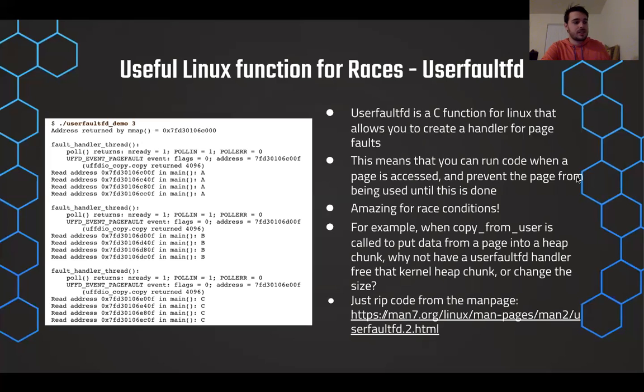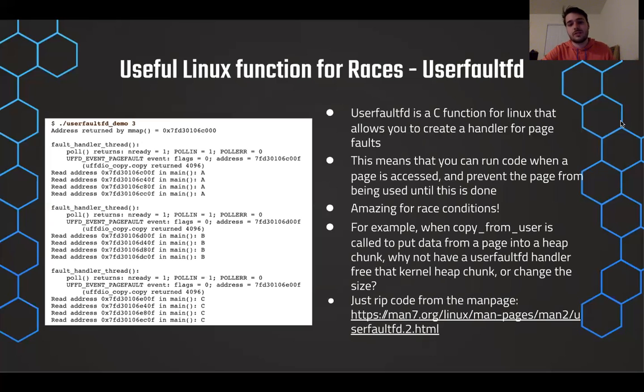So let's say, okay, this example here. When you have copy_from_user to put data from a page into some kernel heap chunk, you could have this userfaultfd handler for this page that will free this kernel heap chunk or call some other functions on this driver, maybe change size, maybe change the data inside or something like that, and then you forward it on.